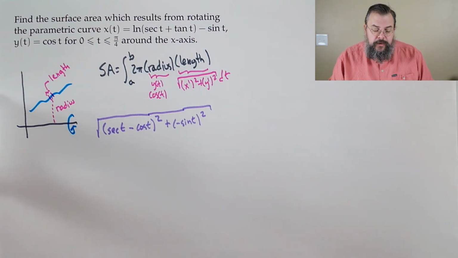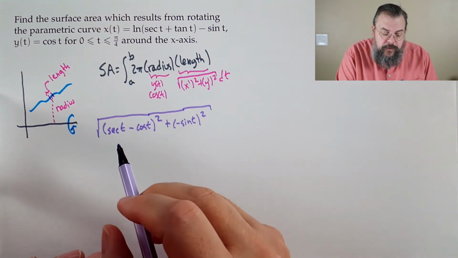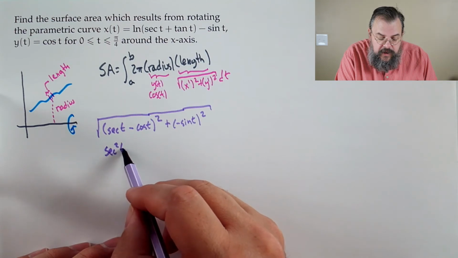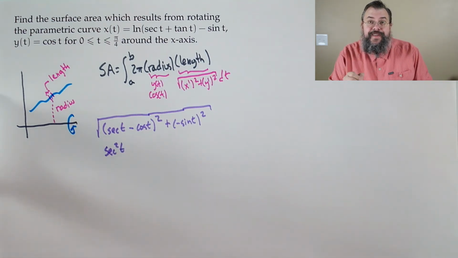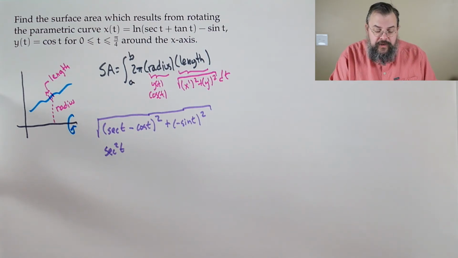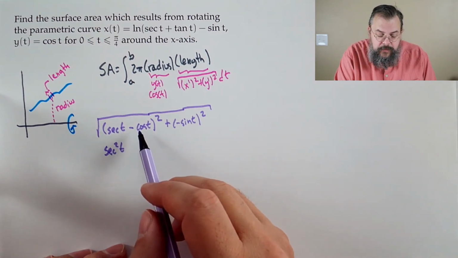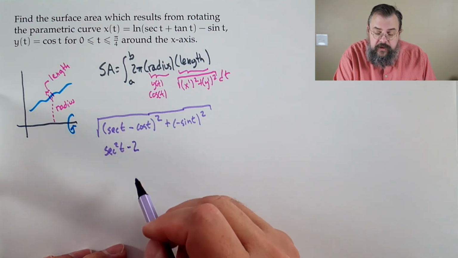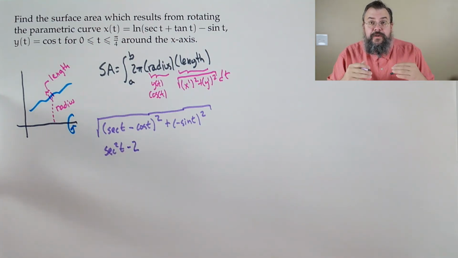So when we square, secant squared, all right, that's easy. Now, secant times cosine. This is where it's good to remember how secant and cosine connect. Secant is 1 over cosine, so secant times cosine is 1. Don't forget the minus, and because it's the middle term, there's going to be a 2. So that becomes minus 2.